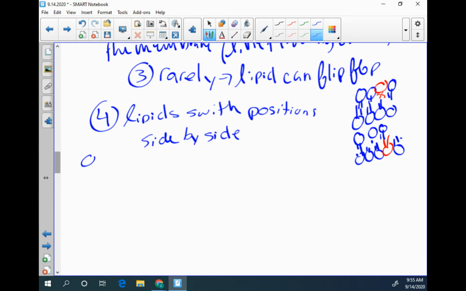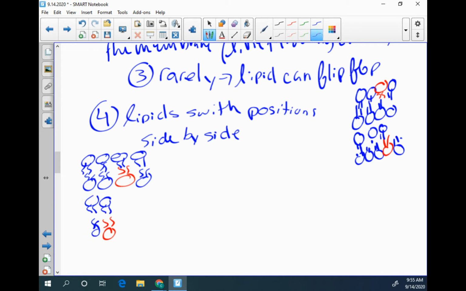So this is our membrane. It can go from that to that, where it was there, but it switched with this guy.